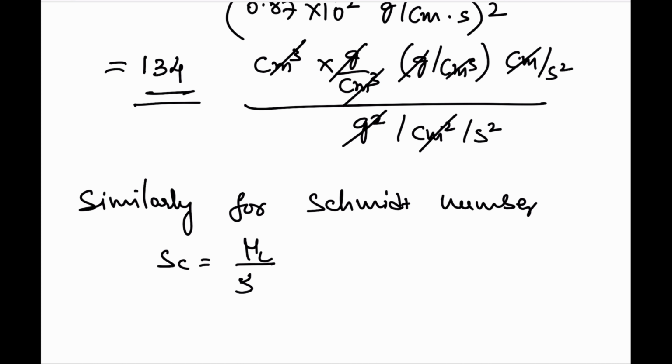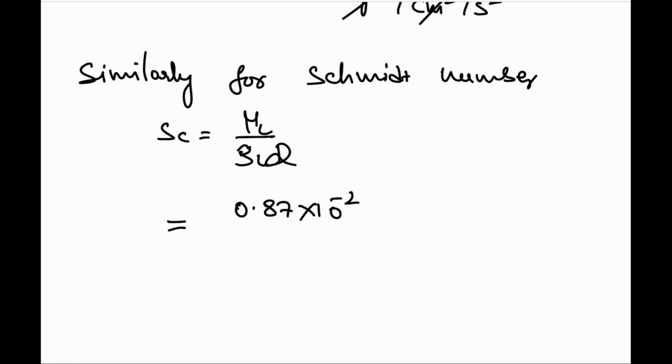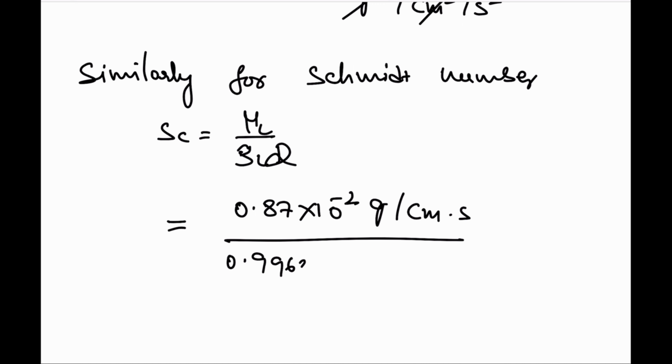Let us substitute the values: 0.87 into 10 raised to minus 2 gram per centimeter second divided by 0.9963 gram per centimeter cube into 2.5 into 10 raised to minus 5 centimeter square per second. So you are going to get the value as 349.